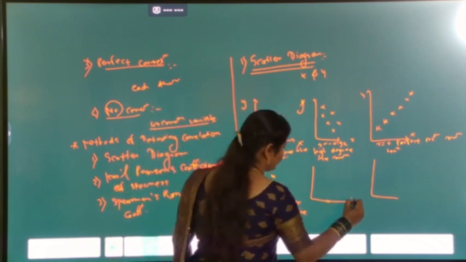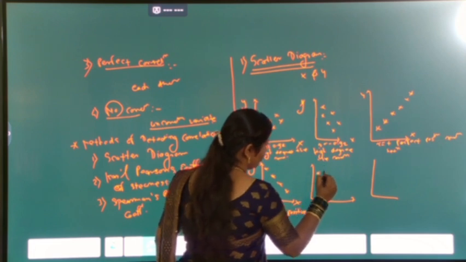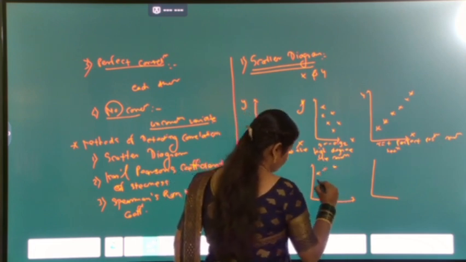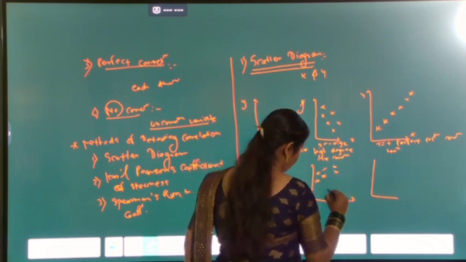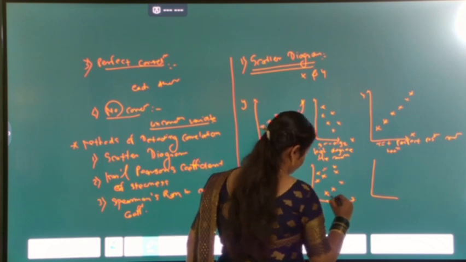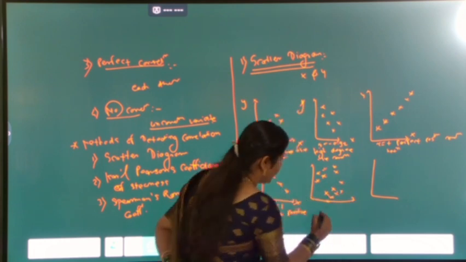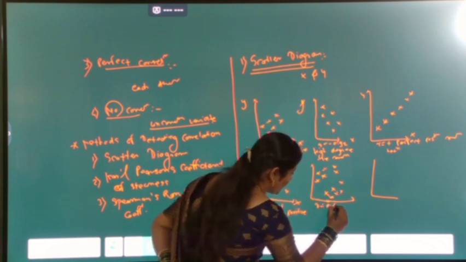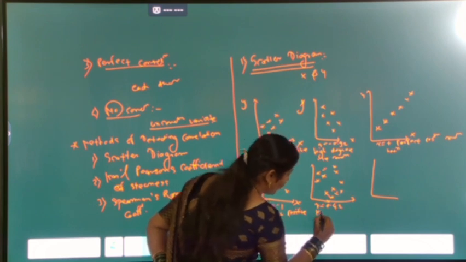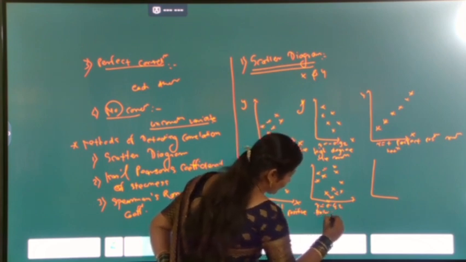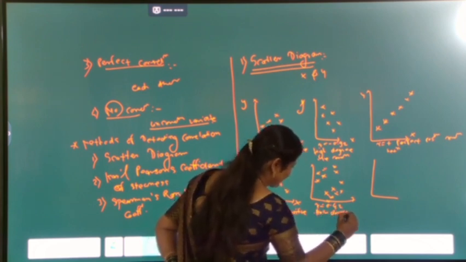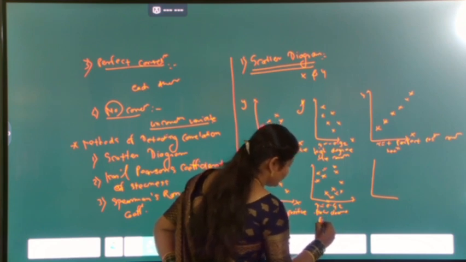Next, if r is equal to 0.42, there is low degree positive correlation.